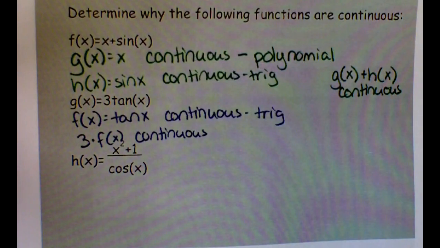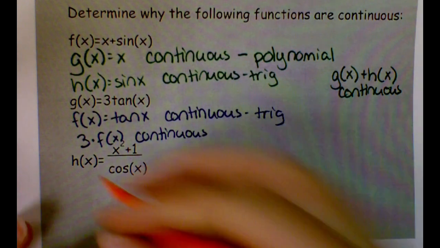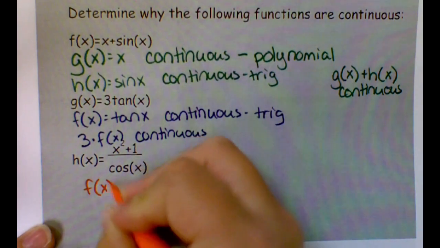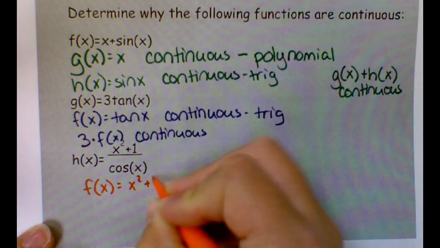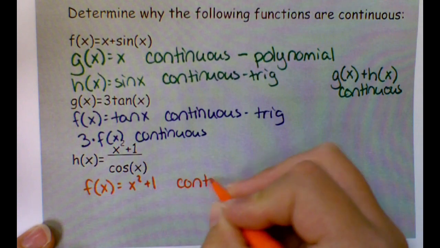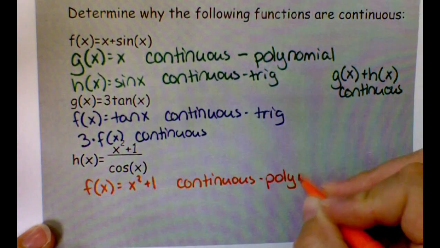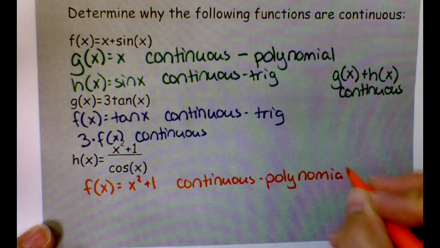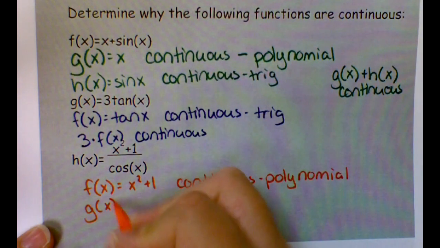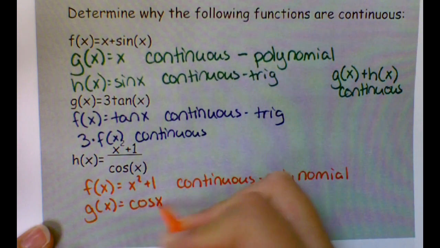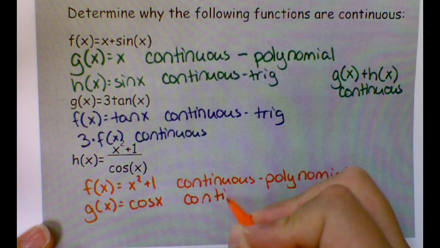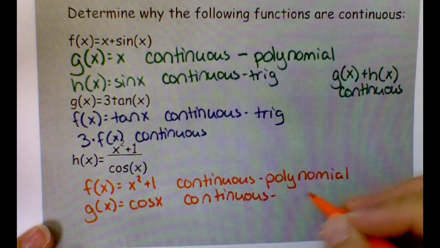And then h of x here, h of x equals x squared plus 1 over cosine of x. I call f of x the numerator, x squared plus 1. I know that's continuous because it's a polynomial. And if I call g of x cosine of x, that's continuous on its domain because it's a trig function.